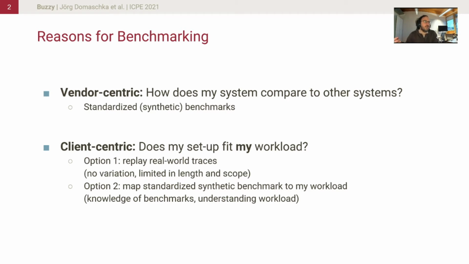Buzzy aims to have a tailored approach to benchmarking, that is realizing option two without the hassle of knowing the benchmarks and understanding the workload, because that's under the hood and that's included.